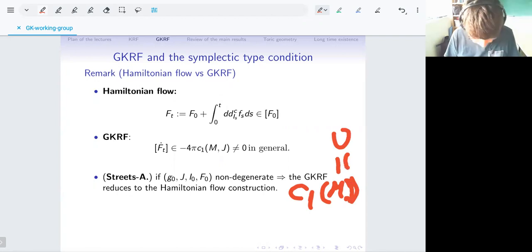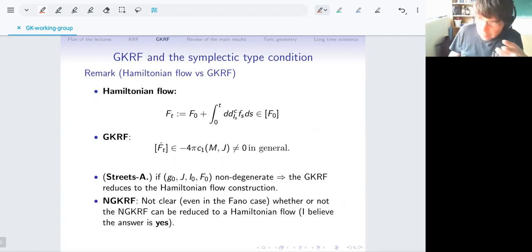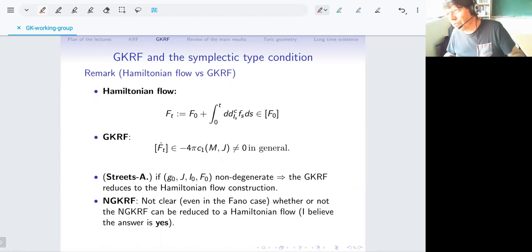And you can ask similar things about the normalized generalized Ricci flow, but then, of course, this is not clear. I still feel that this should be somehow true. It depends how perhaps we precisely define these orbits.